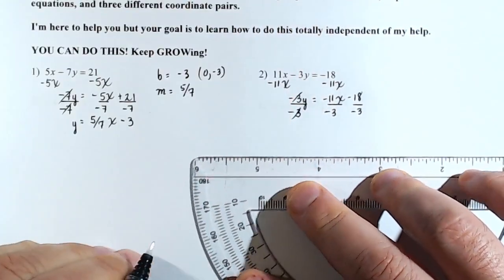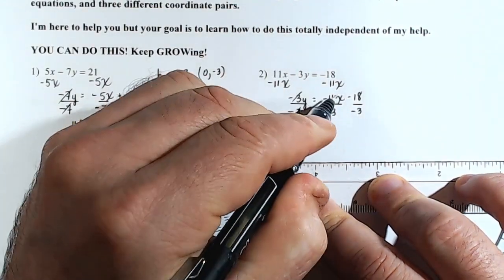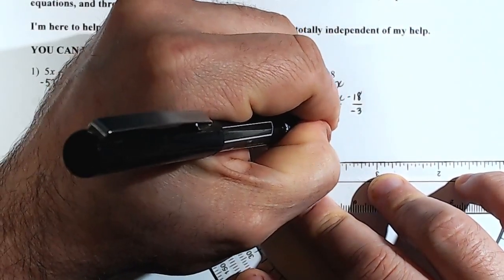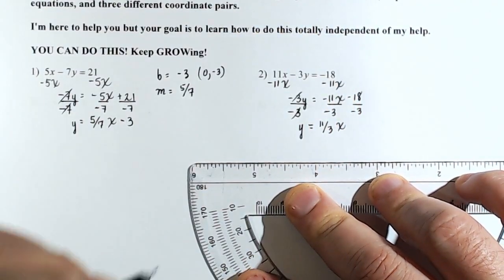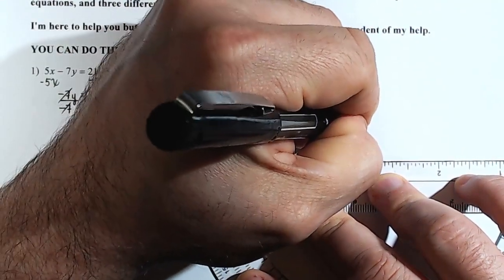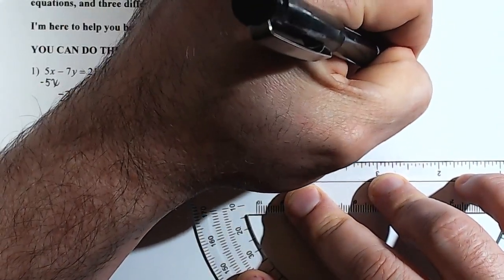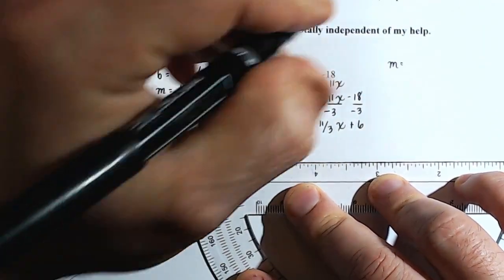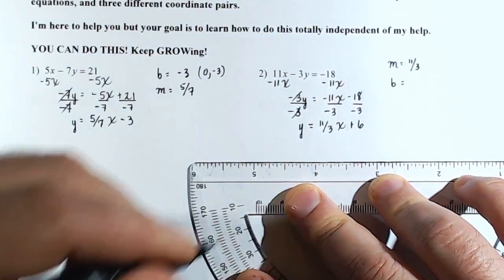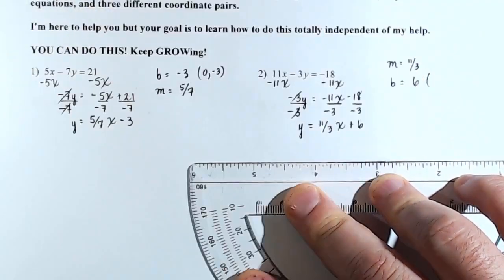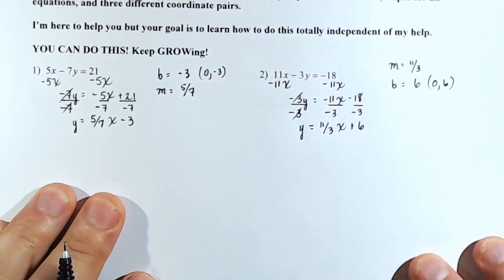Cancel out the negative 3's, get y by itself. Y equals, okay, negative over negative is positive, 11 thirds x. And then 18 divided by 3 is 6, and negative divided by negative is a positive, so it's just plus 6. Okay, so here the slope m is equal to 11 thirds, and b is equal to 6, which can be written as 0, 6. That's number 2.